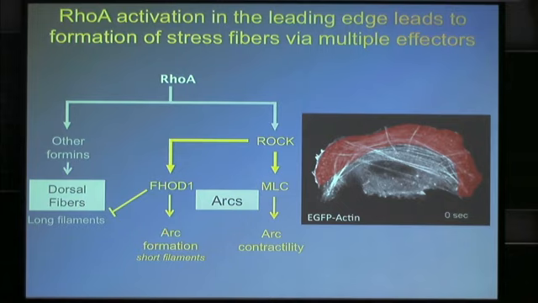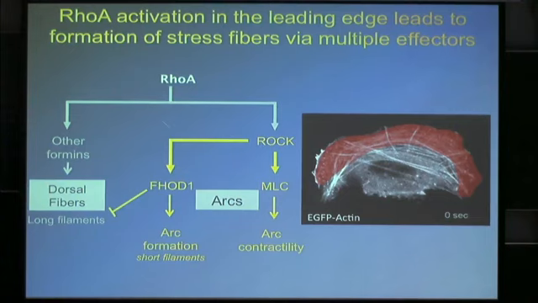This is the last slide, where I try to explain why this activity of RhoA in the front now makes perfect sense. Many of the processes required for generation and maturation of stress fibers happen here.